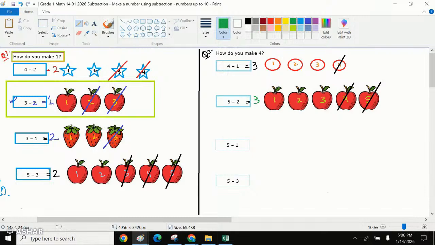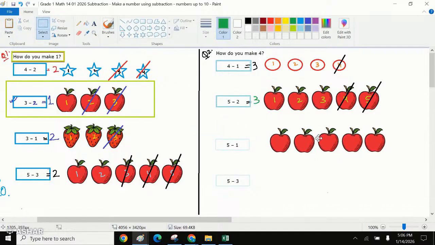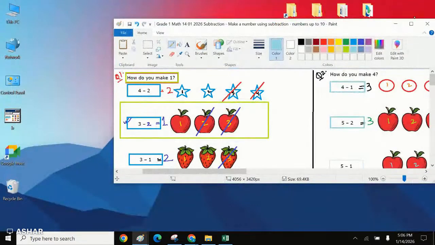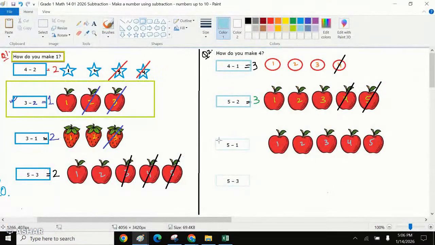But still, again, we have another 5, right? And out of these 5, 1, 2, 3, 4, and 5, if we remove 1, what should we be left with? We simply need to remove 1. If we remove 1, how many are left? 1, 2, 3, and 4.